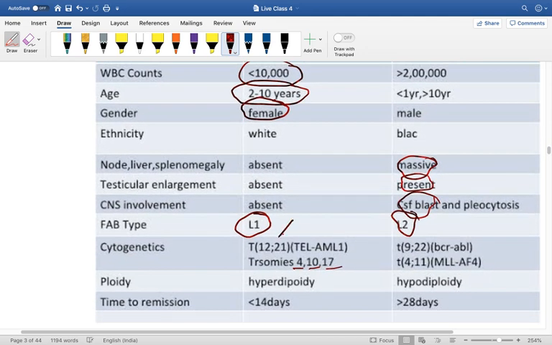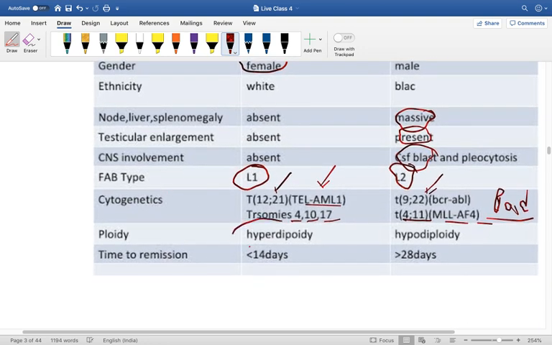Then t(12;21) and TEL-AML1, good. t(9;22) bad, t(4;11) bad, MLL-AF4 bad. You have to tell the examiner emphatically, hyperdiploidy is good. Time to remission, if it is taking less than 14 days, good. More than 28 days is bad.